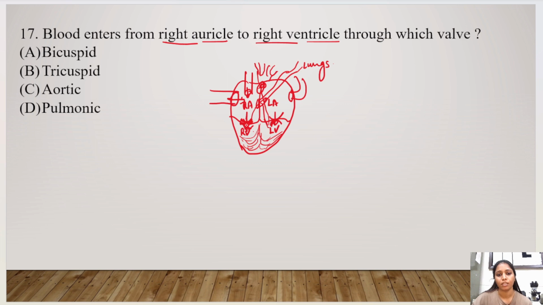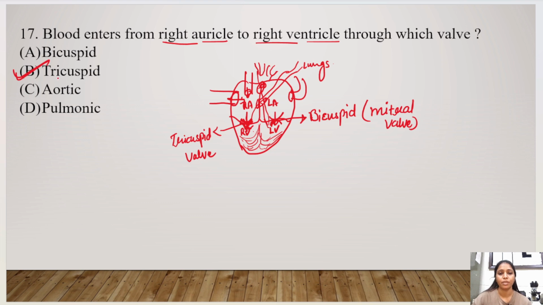It means this is asked about this valve, and this is the tricuspid valve. And this is the bicuspid valve, which is also known as the mitral valve. I hope this is clear to all of you. So here option number B is the correct answer, tricuspid valve.